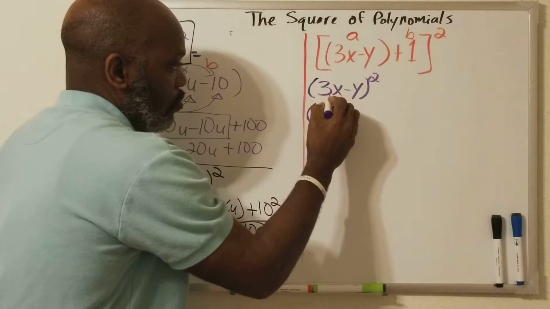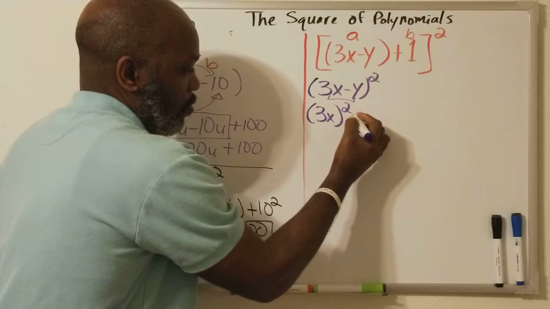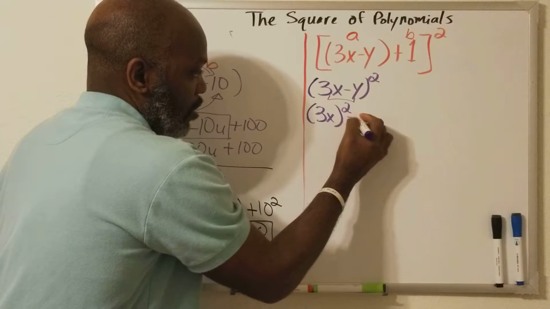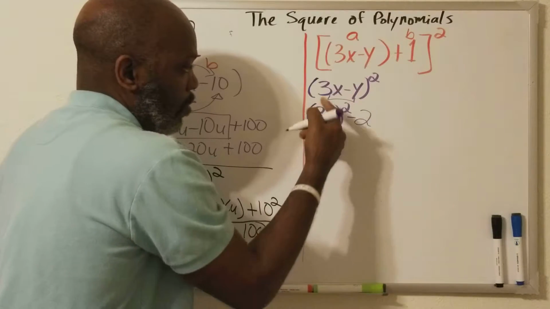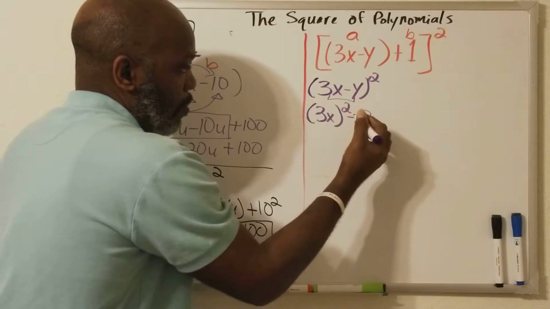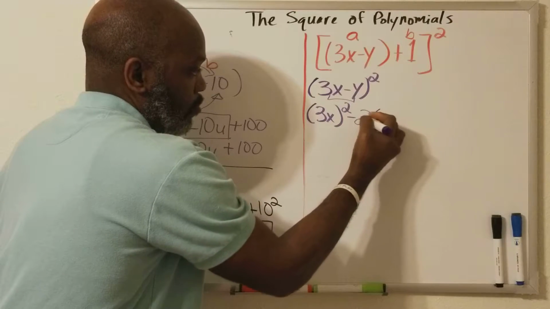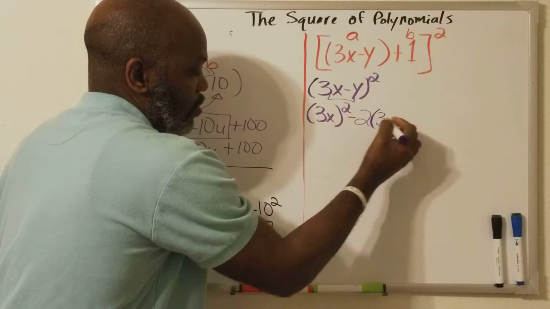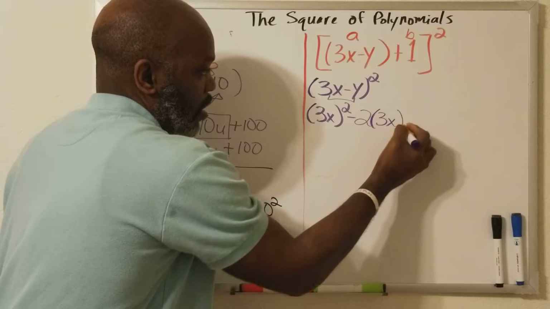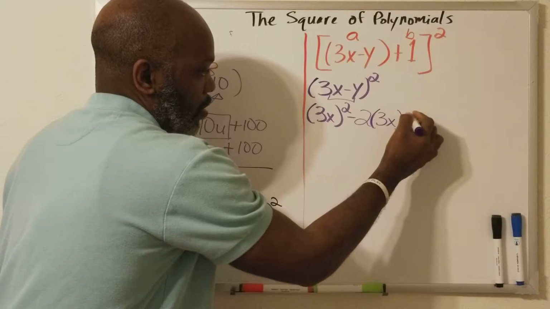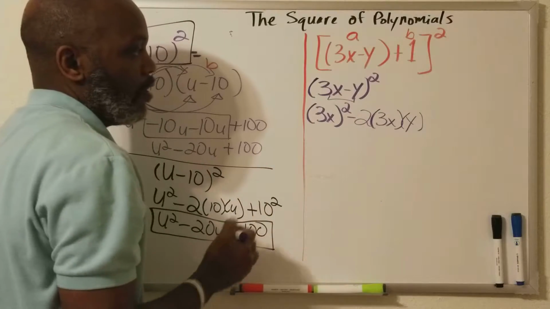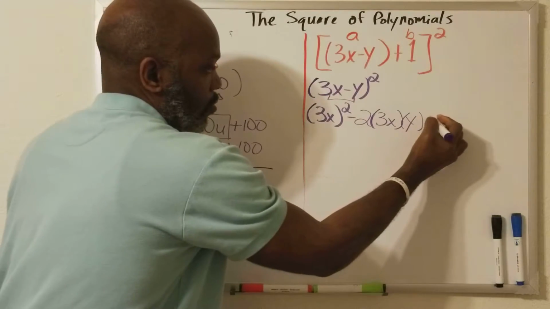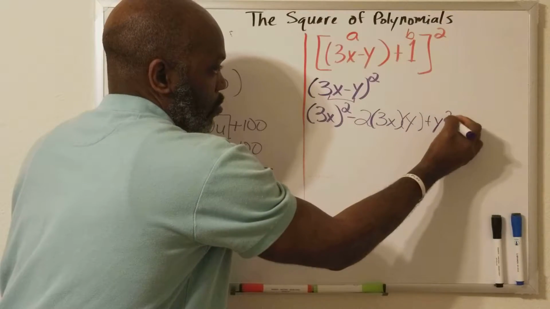Then we're going to take the two middle terms, right? And notice we're subtracting, and we're going to multiply the two middle terms by 2. So you have 2 times 3x, right, times y, right? Then we're going to take the last term and we're going to square it.